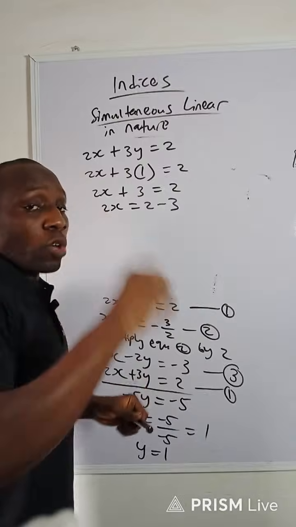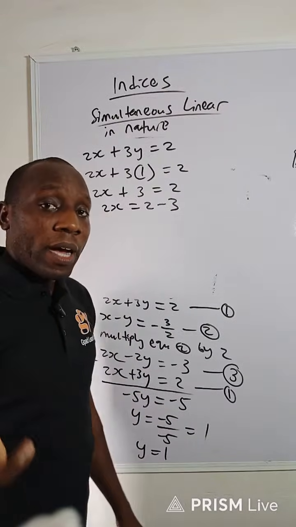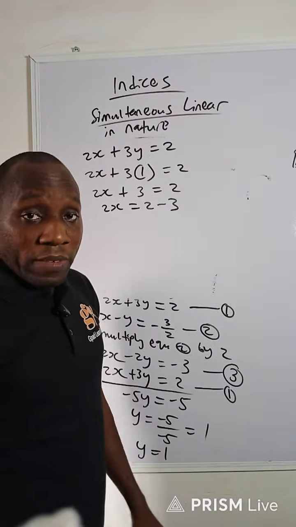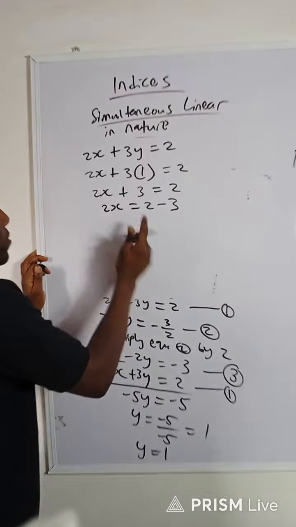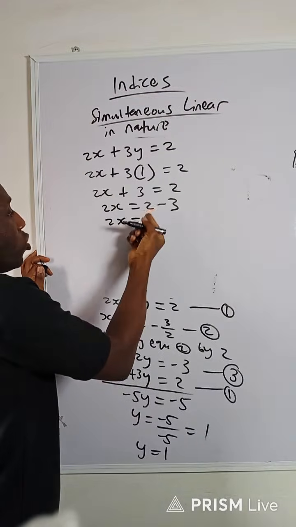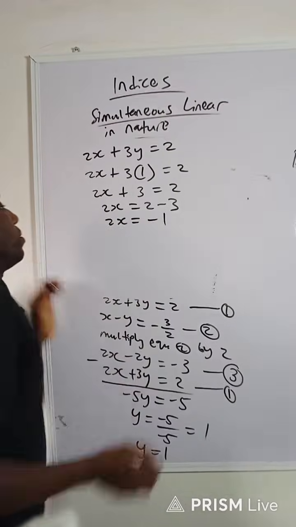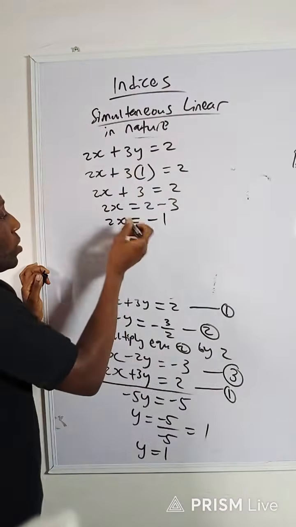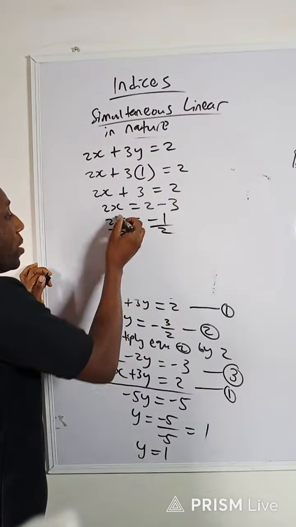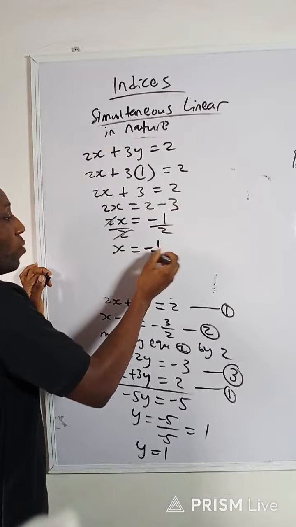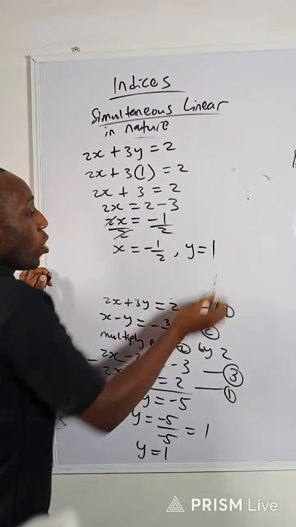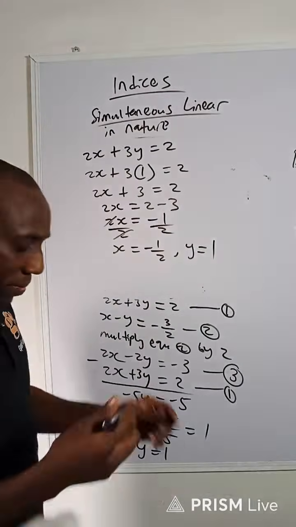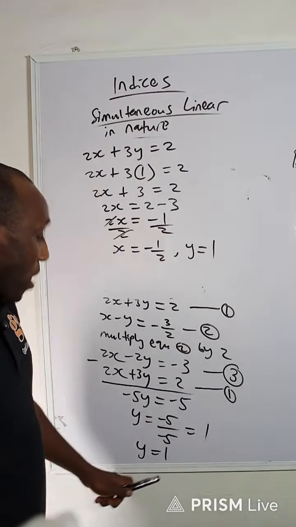Or you can just say subtract 3 from both sides. So what do I have? That 2x is equal to 2 minus 3, which is minus 1. We divide both sides by 2. So x is equal to negative 1 over 2, but y is equal to 1. Do you understand that?